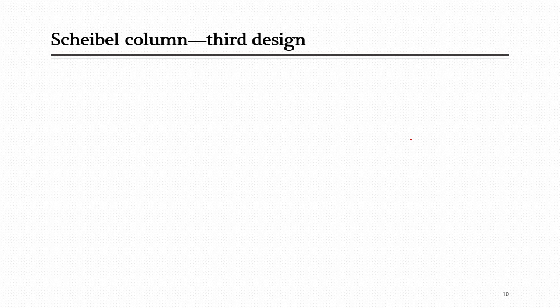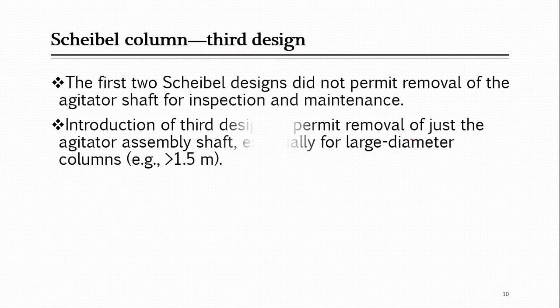So what they did, they introduced another column which allowed the removal of this rotating element, the agitator assembly. You can remove especially the shaft and dismantle it easily in large size columns, especially with diameter greater than 1.5 meter. I think at the end of the lecture we have some diameter range. You can see how much diameter is used in industries for such kinds of columns.